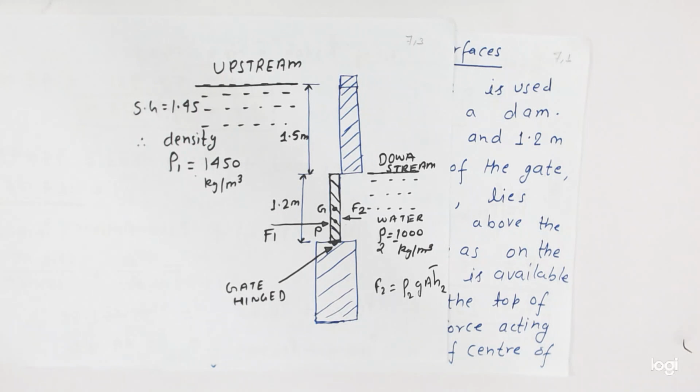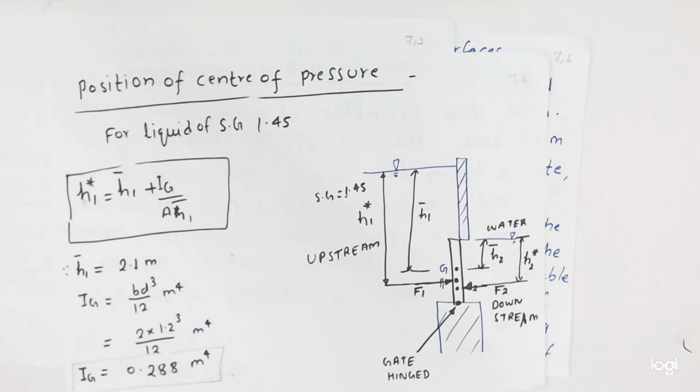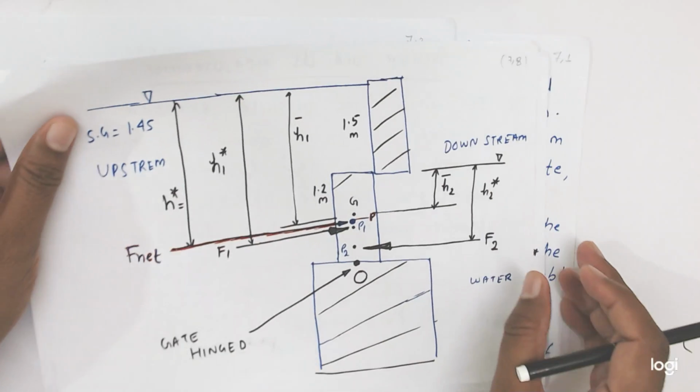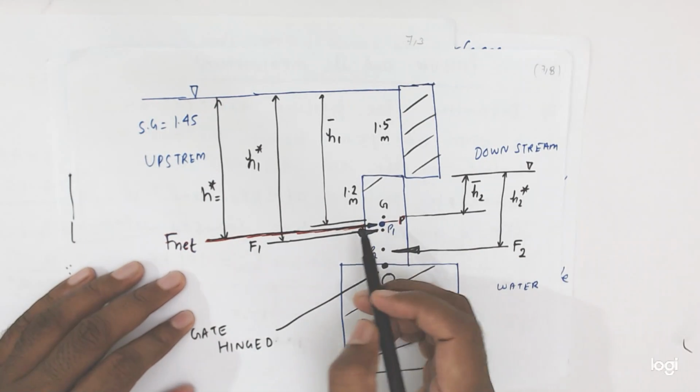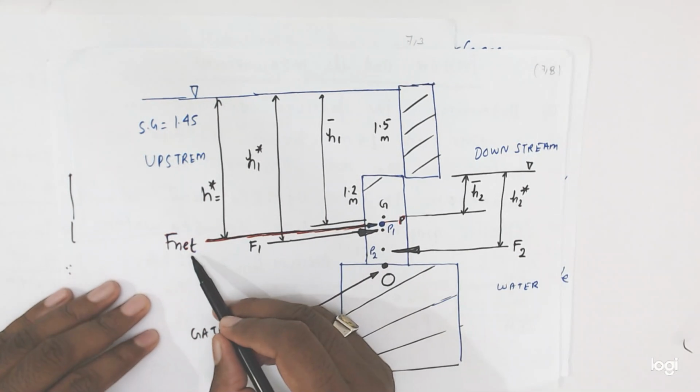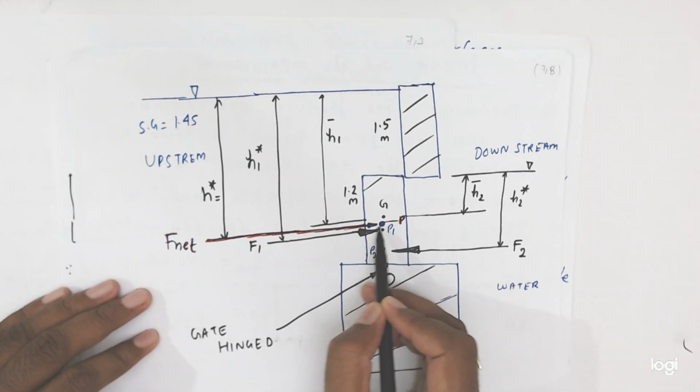Now friends, we have to find the center of pressure. See friends, here you see this is the F net value, and it is working in this direction.